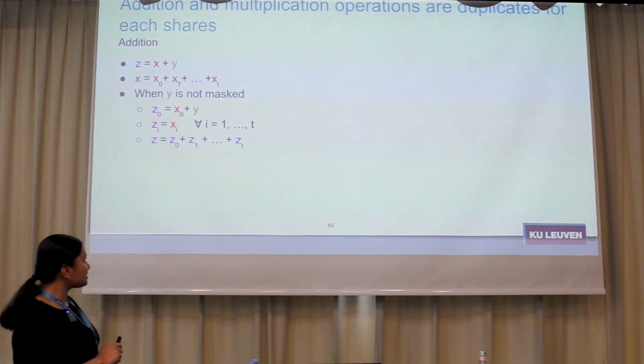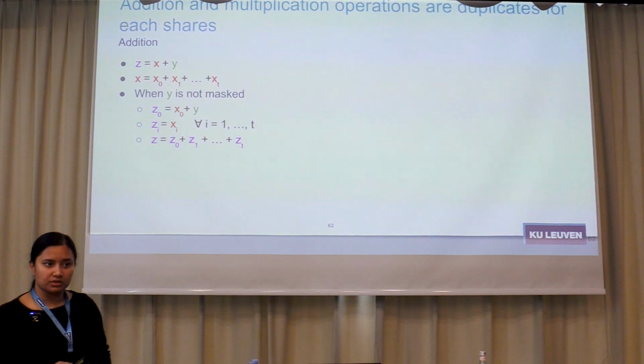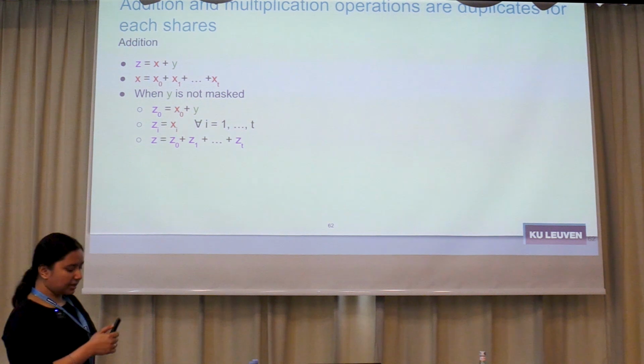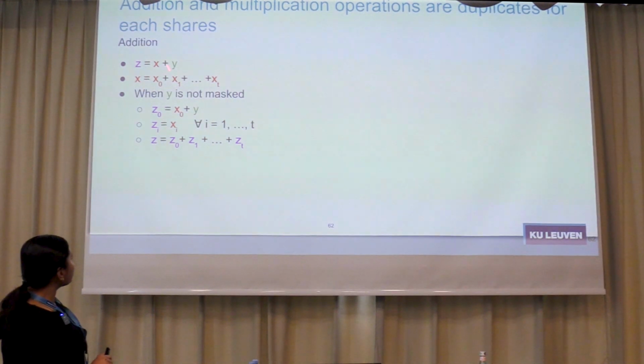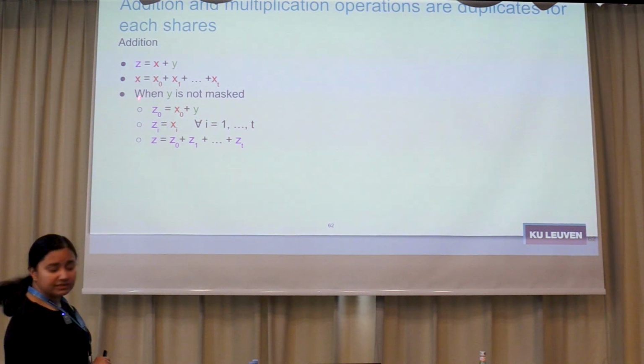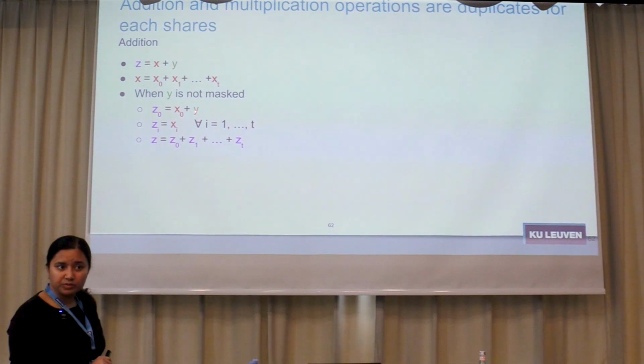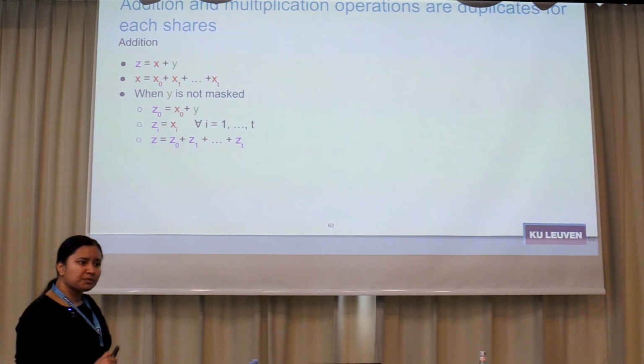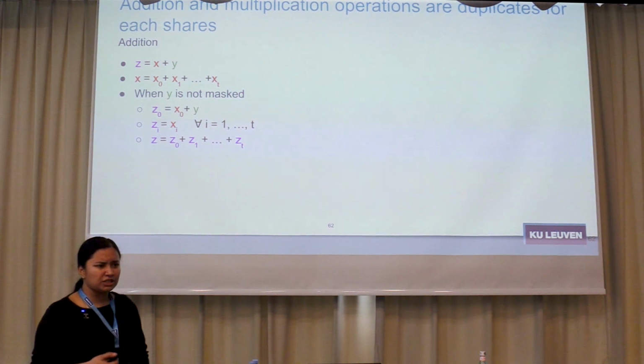I will show one example of how arithmetic masking works. It's the simplest one. Let's say you are doing addition with x and y, which gives z, and only x is shared, okay? Because x has sensitive information in it, but y is public and doesn't need to be masked.